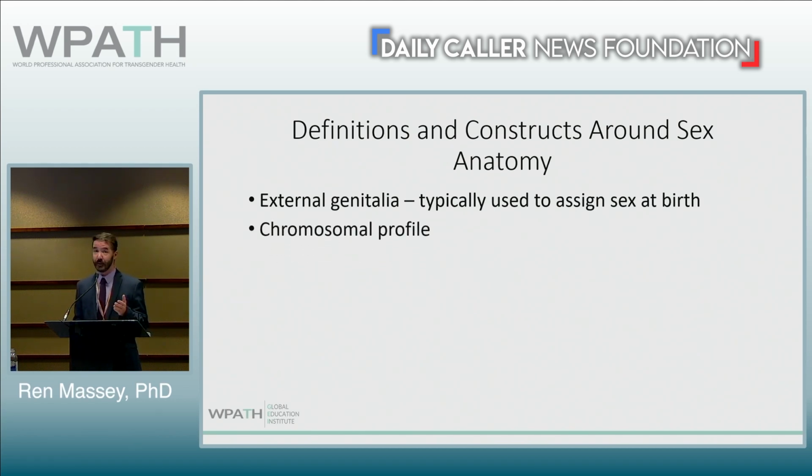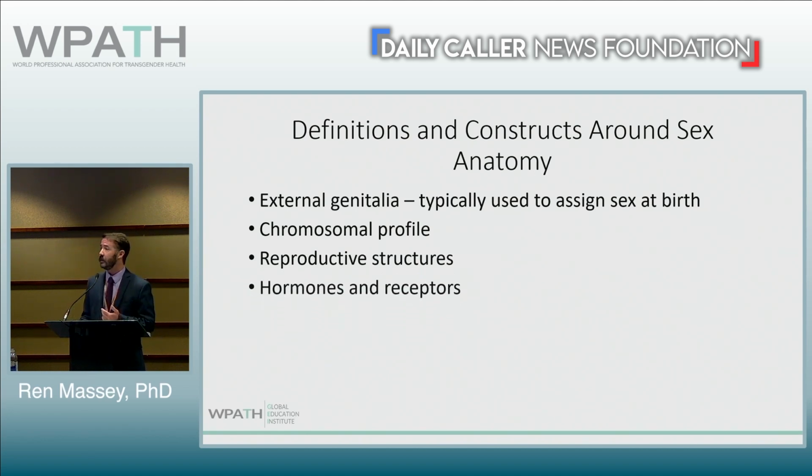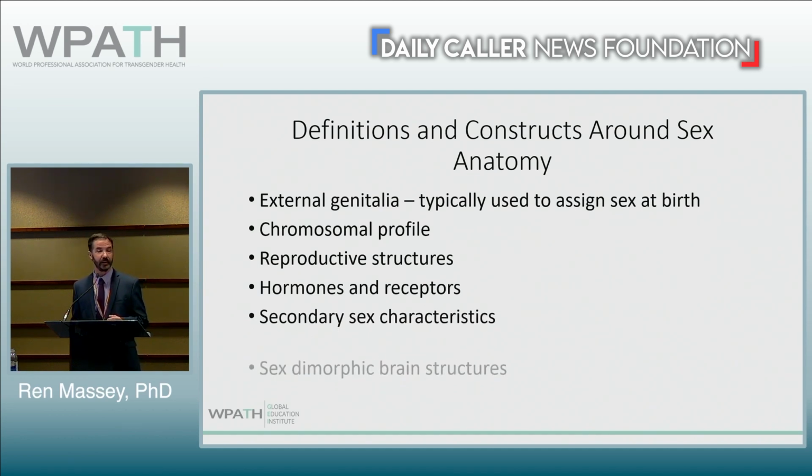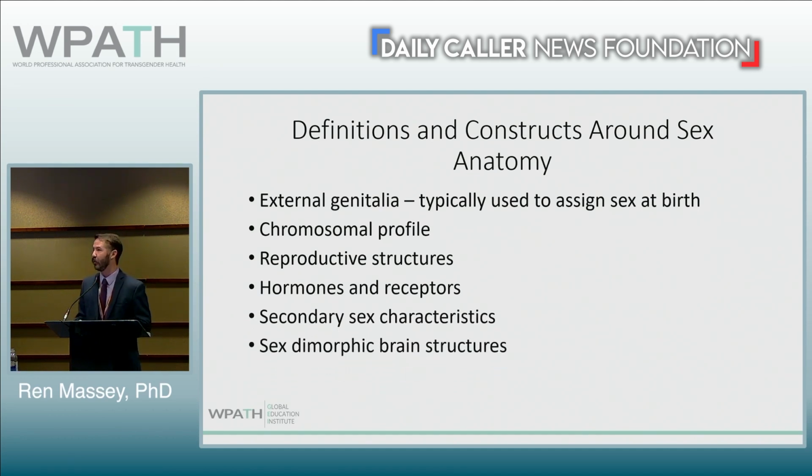Nowadays, we often do genetic testing in utero, which may even happen before somebody is born, based on the chromosomal profile. Additionally, we think about reproductive structures that are present, as well as hormones and receptors that are present, secondary sex characteristics, and then the sex dimorphic brain structures. All of these things are very biological.